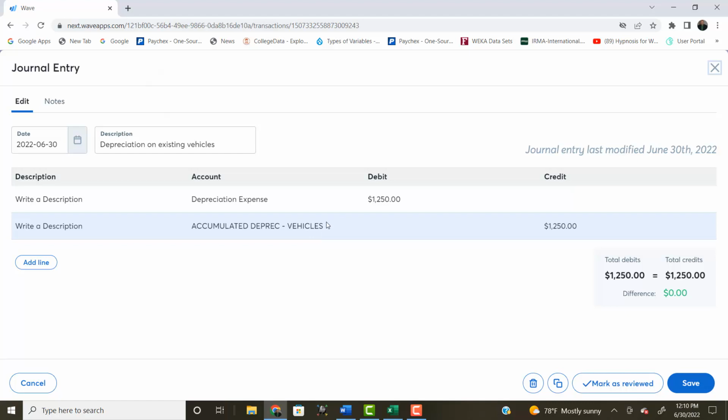This one says vehicles. The next one might say building. And the next one might say equipment or furniture or whatever. And you'll just do each one of those depreciation amounts. Again, refer back to your book if you don't understand how to do the formula, but that's the way it gets done.